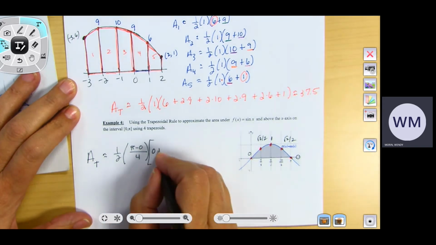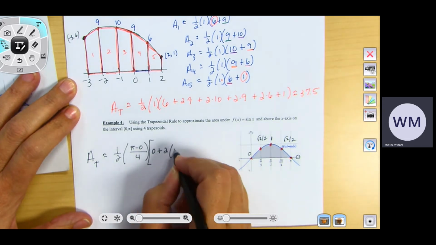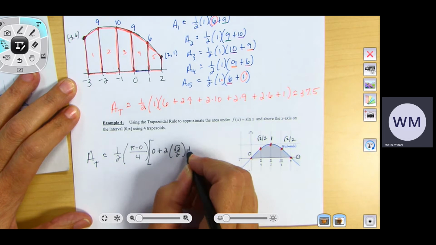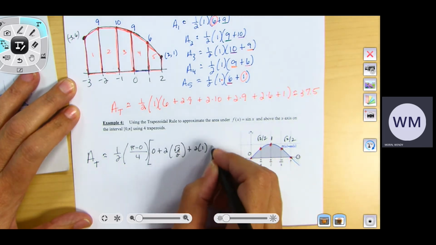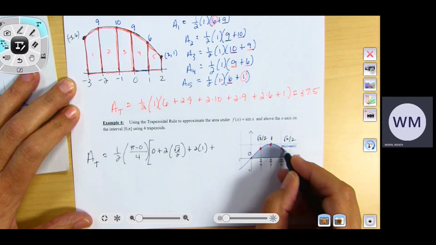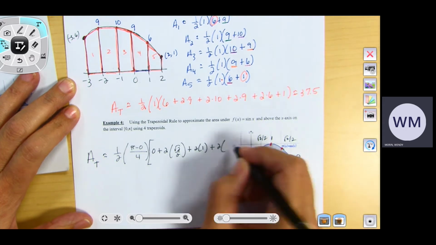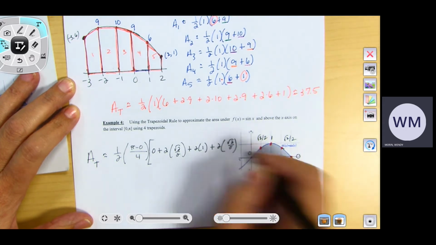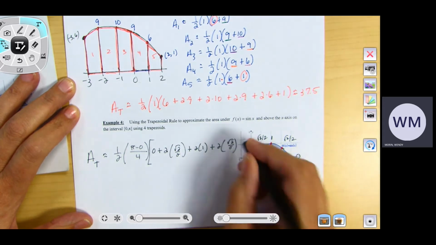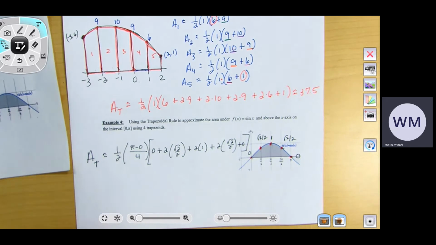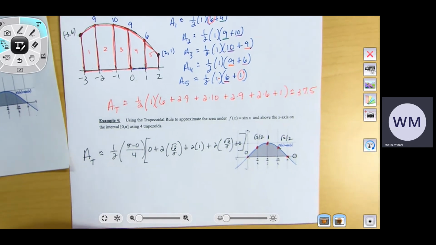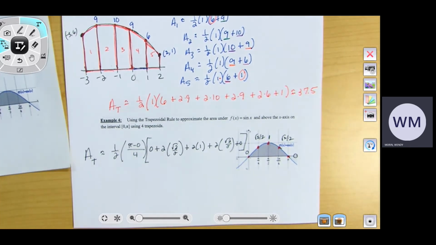And then we have 2 of the next ones, plus 2 of the next y values, plus 2 of the next y values, and then 1 of the last y value. So I didn't have to make 4 trapezoids. Okay?